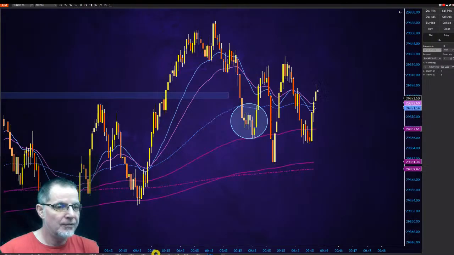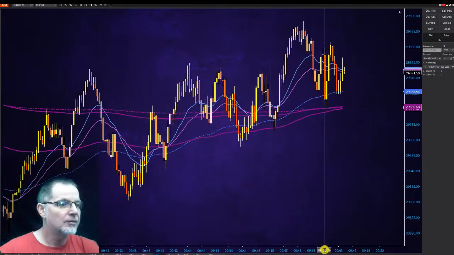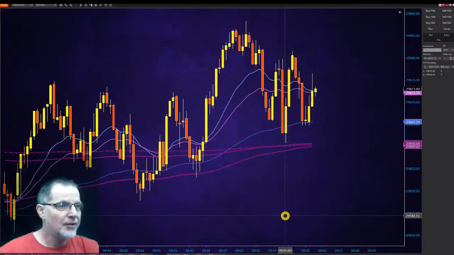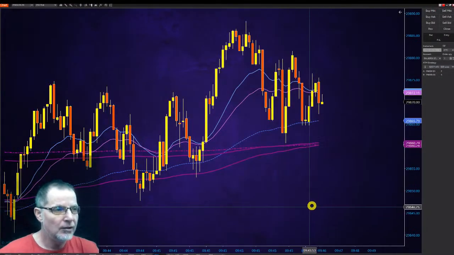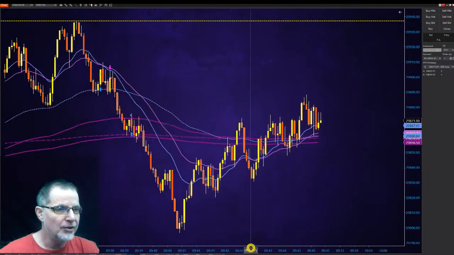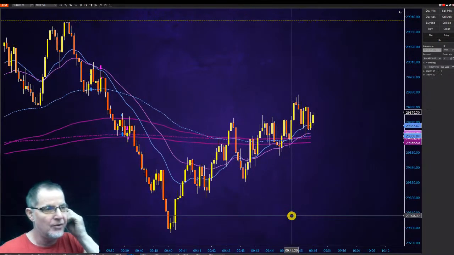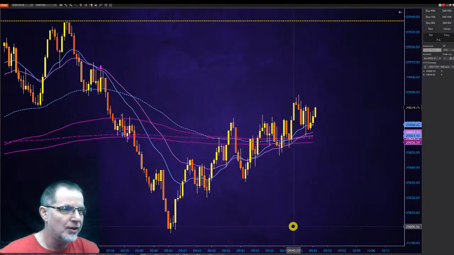Let's go to the 250. It's a little too quick on this. That keeps us out of some of the lower time frame noise. 1,000 tick chart usually is pretty good, but I'm just looking for a trade. There's nothing going on right now on this time chart here.